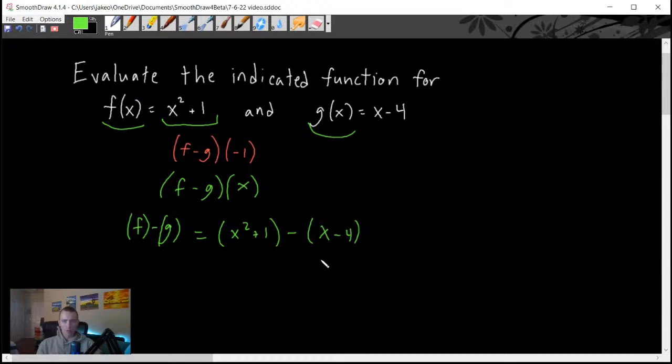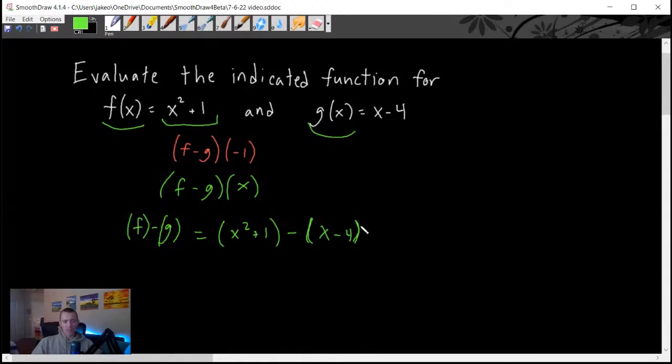So one thing I really want to take a moment to point out here, this is very important. Whenever you're subtracting two functions, f minus g, whatever the two functions are, you need to make sure that your entire second function, the thing that you're subtracting, is fully in parentheses. Really, when it comes to any of these problems where you're combining two functions, whatever the operation is, whether it's adding, subtracting, multiplying, dividing, or anything like that, I generally would recommend putting parentheses around your function f, your function g, whatever your different functions are.